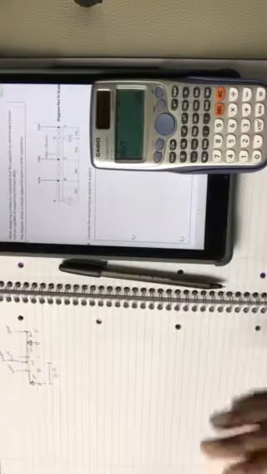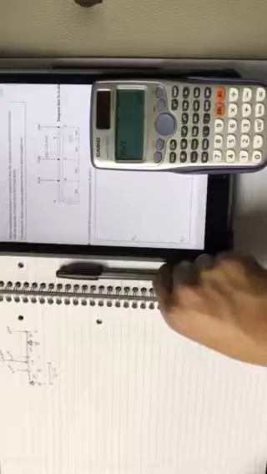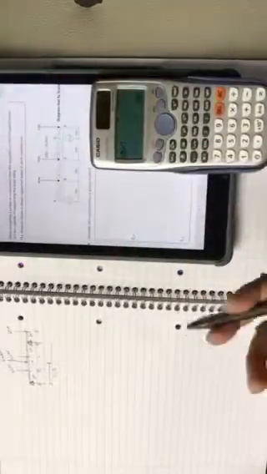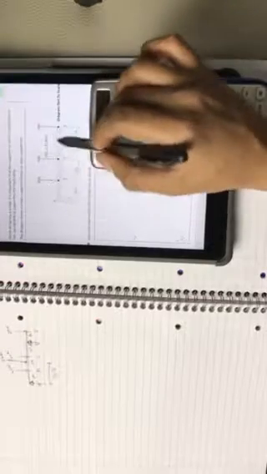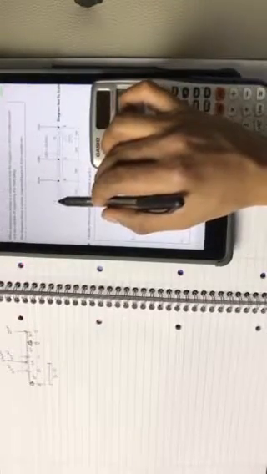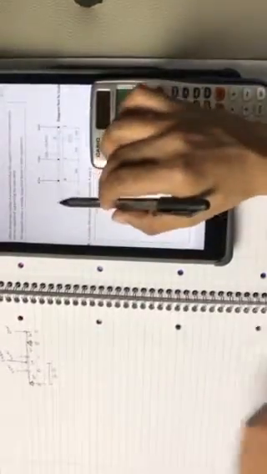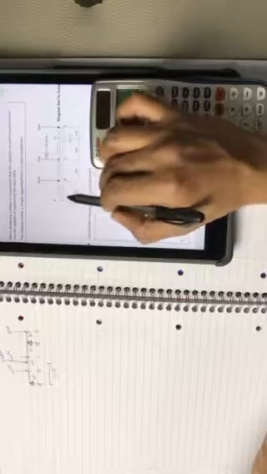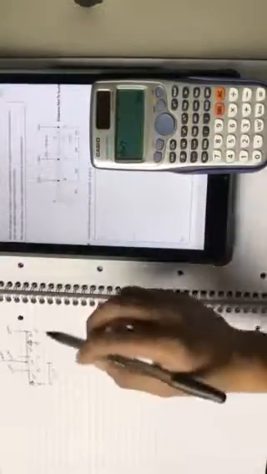Now that we have all of the forces in place, we find the reaction forces A and D, which are unknown. How do you go about finding it? In order to find the reaction force D, you take moments of all the forces about point A. So I'm going to consider a moment about point A. Please don't write on your iPad, it could damage it.